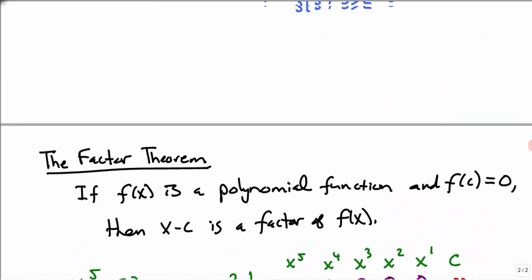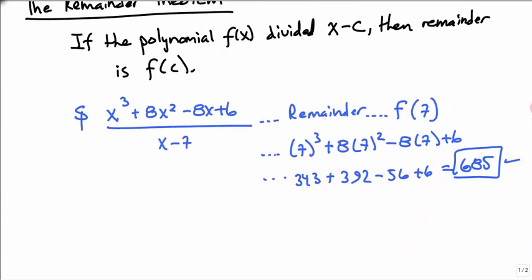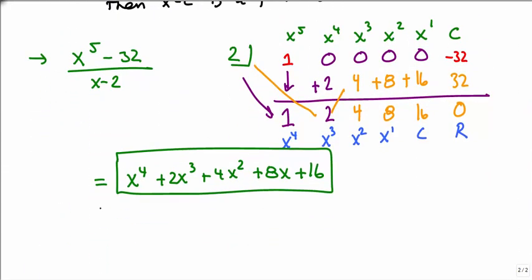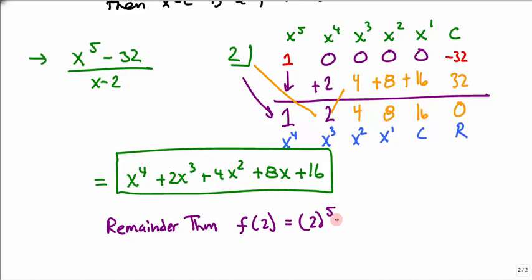So let's see what we called that one up here. We called that the remainder theorem. So let's go ahead and apply the remainder theorem. The remainder theorem would say f of 2, remember we just do the opposite here, so f of 2 would be 2 to the 5th minus 32. 2 to the 5th is 32. 32 minus 32 is 0.